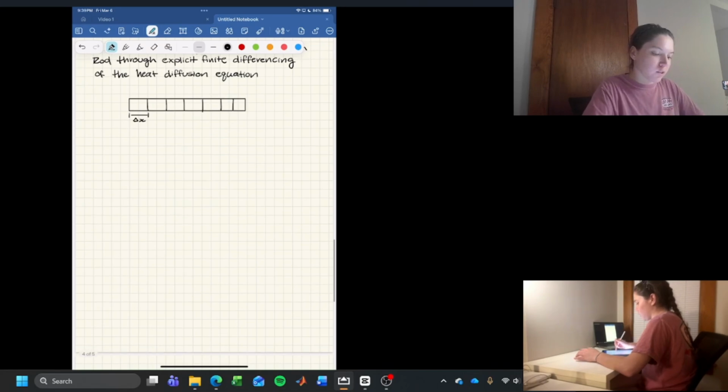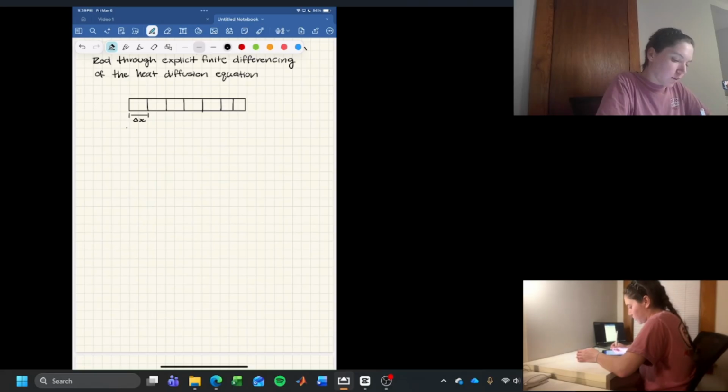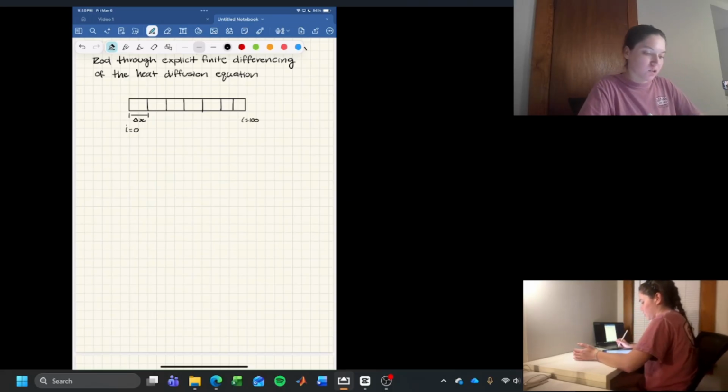So these sections, you can have as many as you want, but to count them, we can say that I is equal to 0 on the left side, and then on the right side, let's pretend that there's 100 sections, but the I is just counting the number of sections that we've broken the rod into.